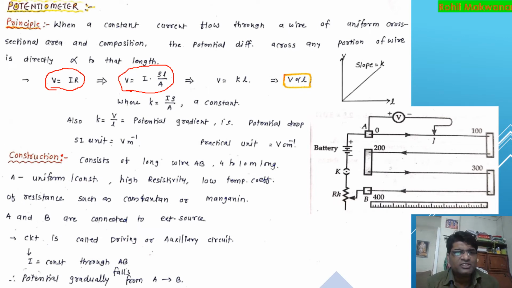When a constant current I flows through a wire of uniform cross-sectional area and composition, composition meaning its resistivity is also constant, then the potential difference V across any portion of the wire is directly proportional to its length. Only L was left there. So potential difference is directly proportional to length.